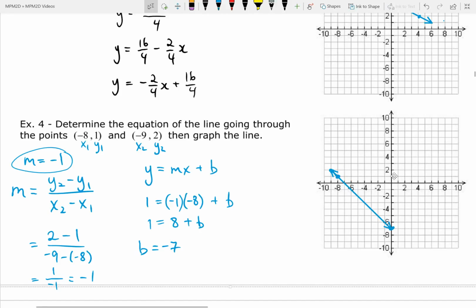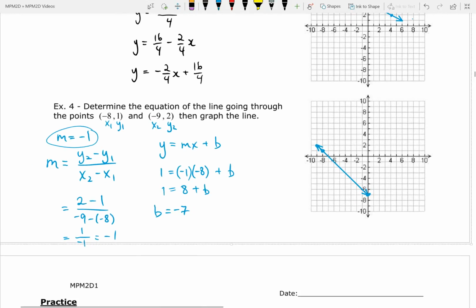Right there. Okay, and there you go. And so I want you to practice graphing some equations of lines. That ends this lesson.